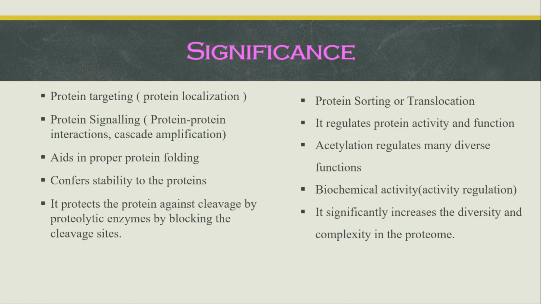It also regulates biochemical activity, and redox-dependent post-translational modification of proteins is emerging as a key signaling system conserved through evolution, influencing many aspects of cellular homeostasis. It significantly increases the diversity and complexity of the proteome.